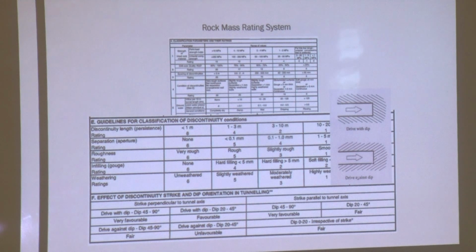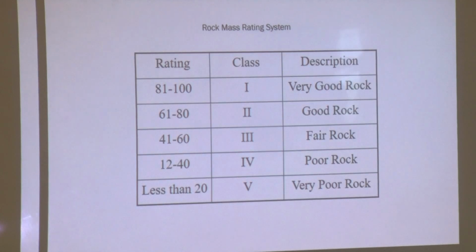So they have rightly taken care of these things in their classification system. In summary, if the rock rating is above 80, it is good, and it is really good for your engineering design also.